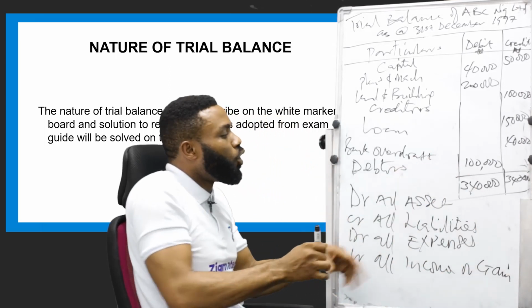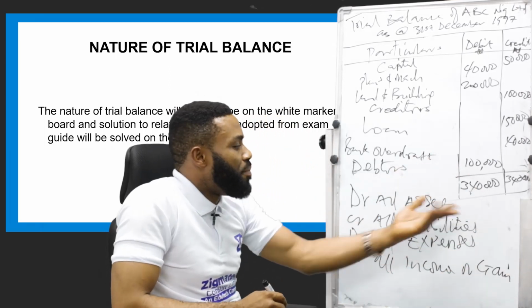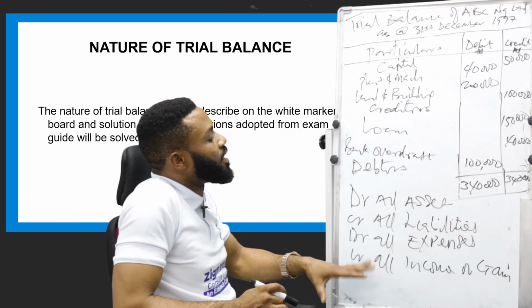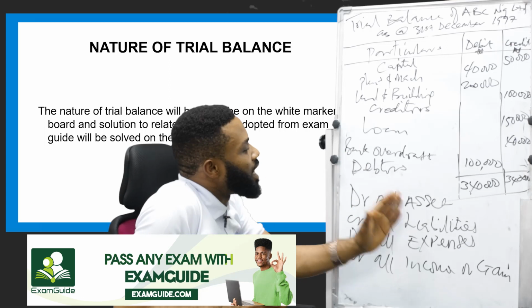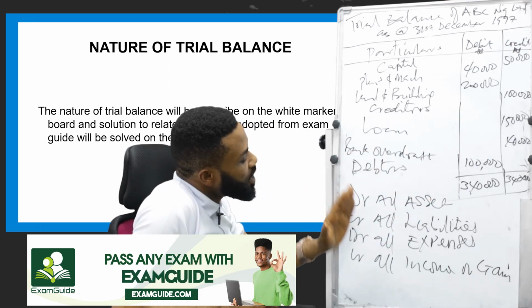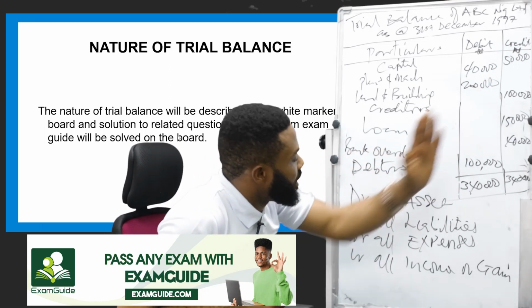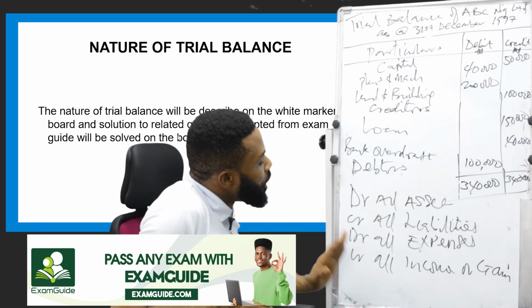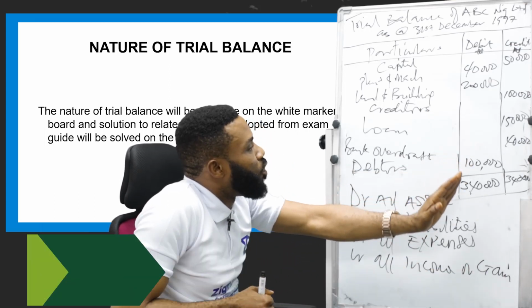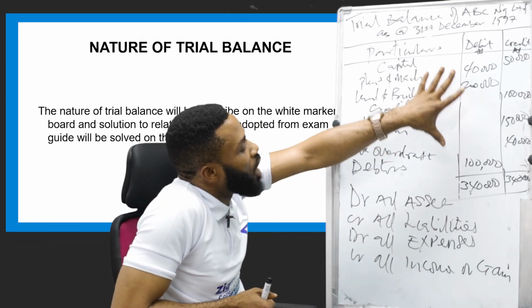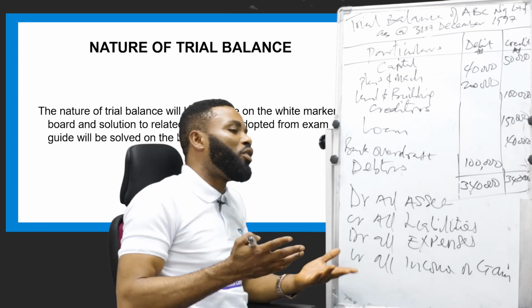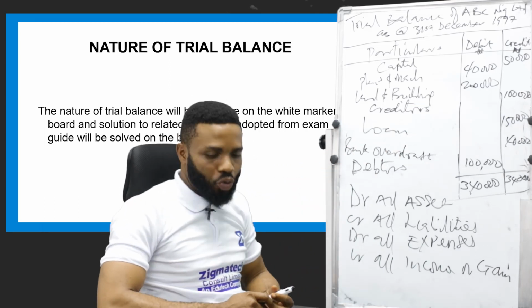It's just for you to know what assets, liabilities, and expenses are. Once you know them, once you see the transaction, you already know that assets are meant to be debited, liabilities are meant to be credited, expenses are meant to be debited, and then income or gain are meant to be what? Credited. And once you have mastered this, to prepare the trial balance will not be an issue.